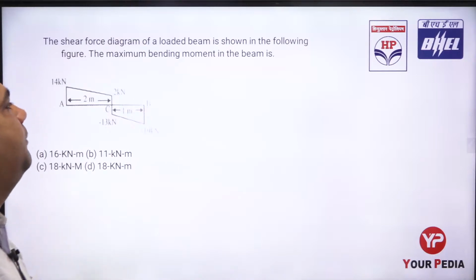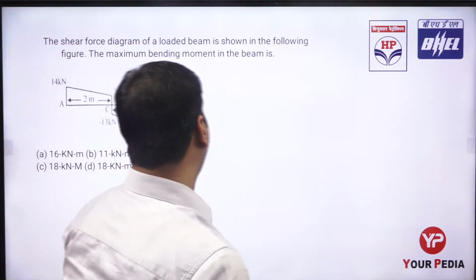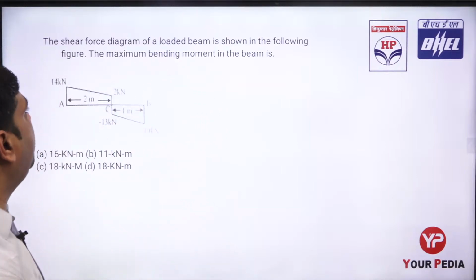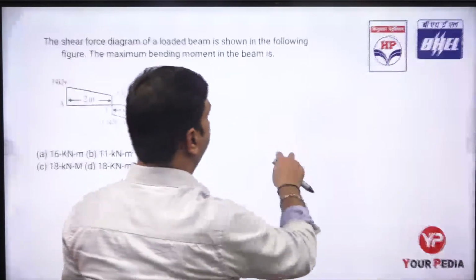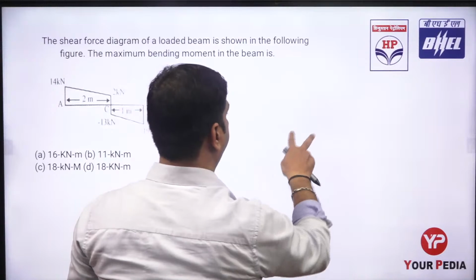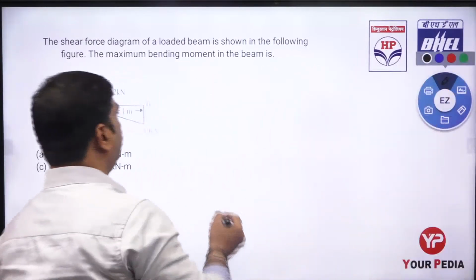The maximum bending moment in the beam is. It is just asking what the value of the maximum bending moment is. As I know, the maximum bending moment is at the point where the shear force equals zero. So just draw the diagram.